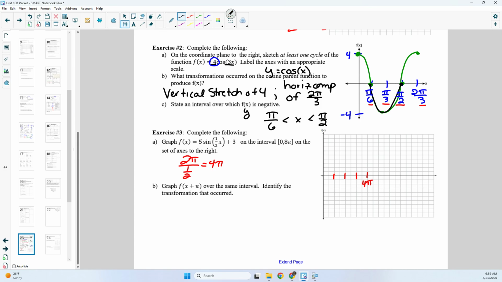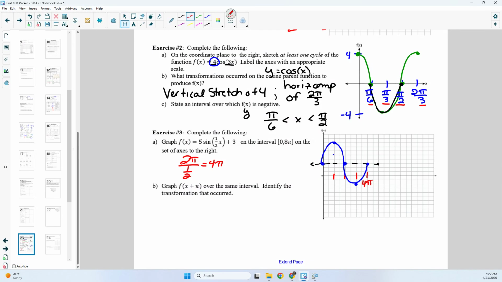So I'm starting from y equals 3. Sine starts on the midline. This is positive sine, so I'm going up. So at my first quarter point, I need to be up 5, back to the middle, down 5, back to the middle. So here is my sine graph.